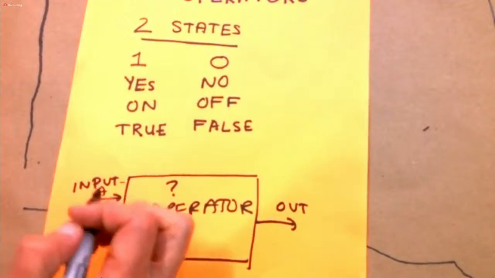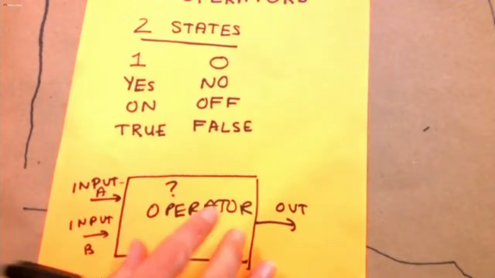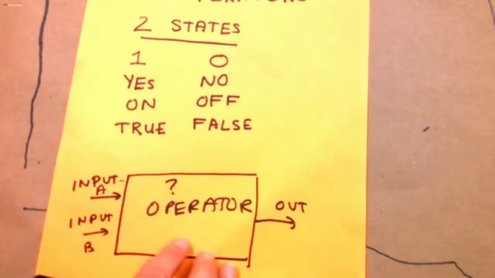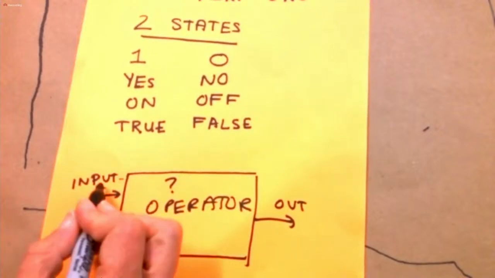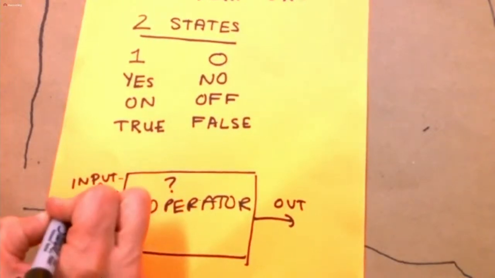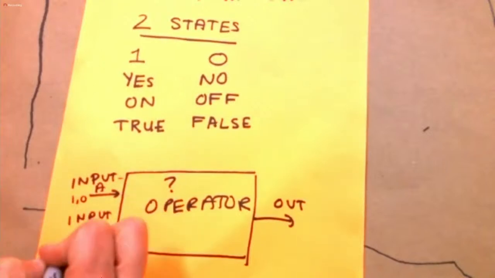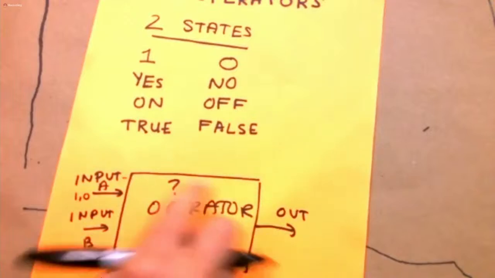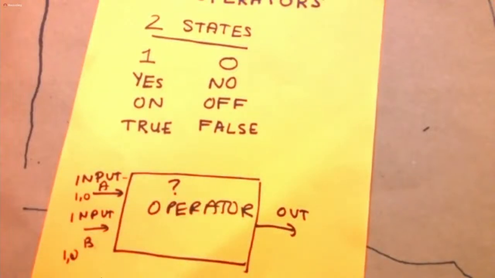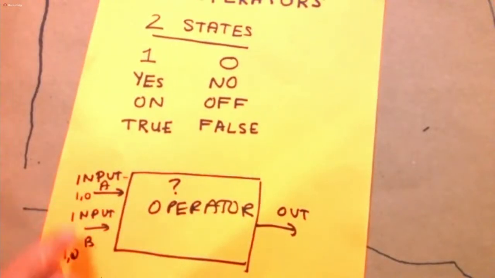But basically, these Boolean operators, logic gates, decision-making devices, take a look at what comes in, the state of what comes in. By that, I mean 1, 0, yes, no, on, off, true, false. It makes a decision that it was built to make. So again, it doesn't matter if the signals coming in were right or wrong.